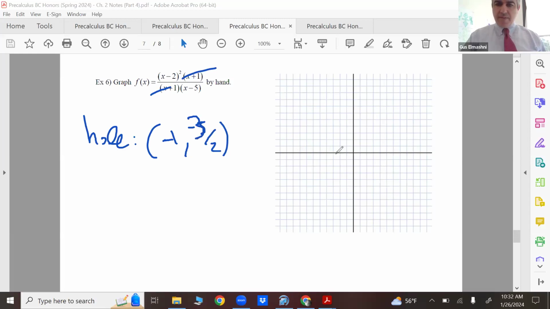Yeah, I can't do 3, sorry. Okay. X-intercept at 2. Y-intercept's gonna be at -4/5, I think. Is that right? Yeah. Good. The VA is x equals 5.